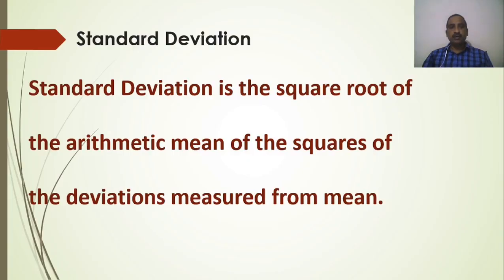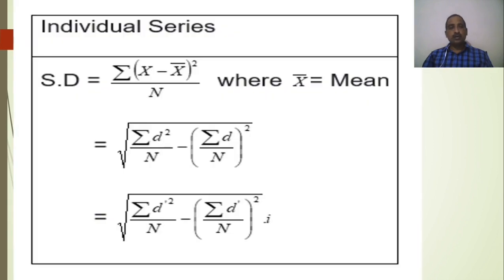Standard deviation is defined as the square root of the arithmetic mean of the squares of the deviations measured from the mean. Now, the theoretical part: how to calculate the standard deviation in ungrouped data and grouped data.